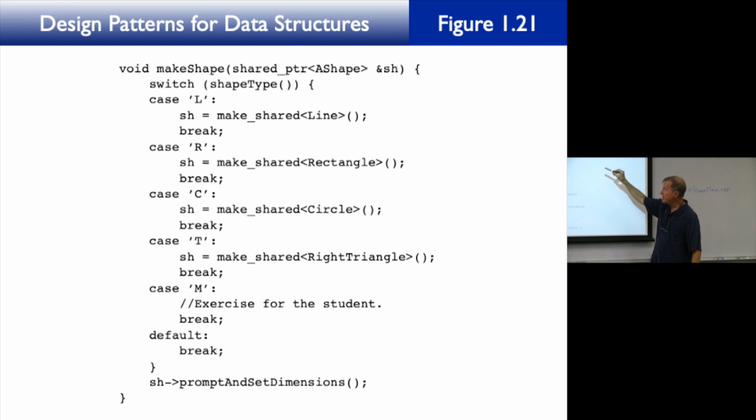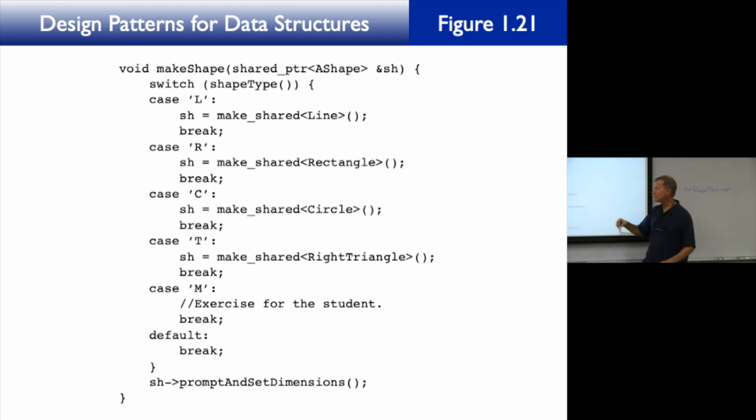And if it's L, then you make a line. If it's R, you make a rectangle. If it's C, you make a circle. Blah blah blah. And so let's suppose that the person typed R. So what make shape does is, remember we said, somebody asked, what happens if you make a shape on top of an old shape? And we said it just replaces it.